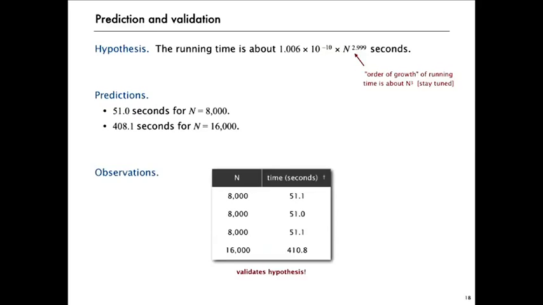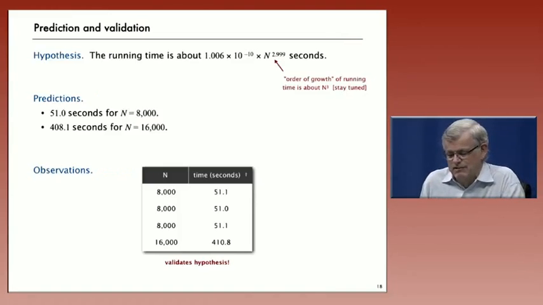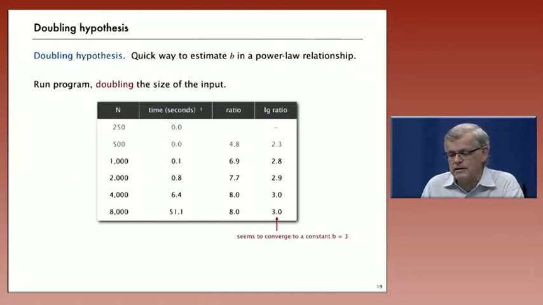And 400 seconds is plenty of time, but now we can go ahead and invest in running that experiment, and sure enough, we're pretty close to that 408 seconds when we run it. And now we can make a prediction for 32,000 or for whatever else we might be interested in. The model helps us do predictions without investing the expense to run the experiments.